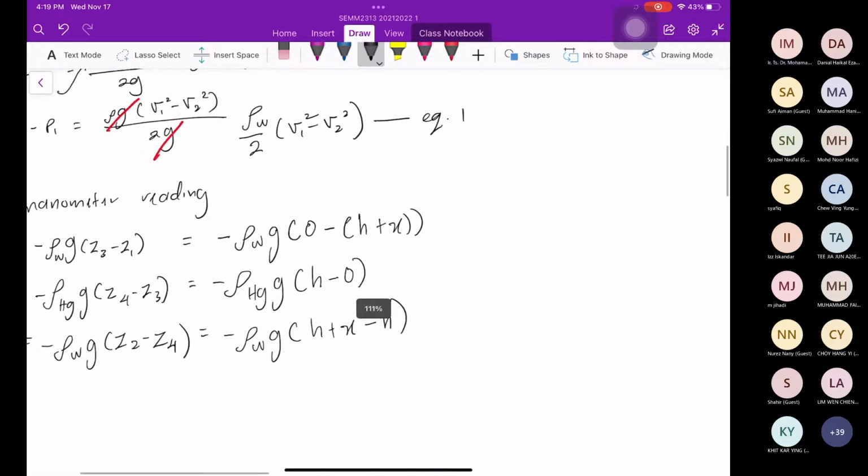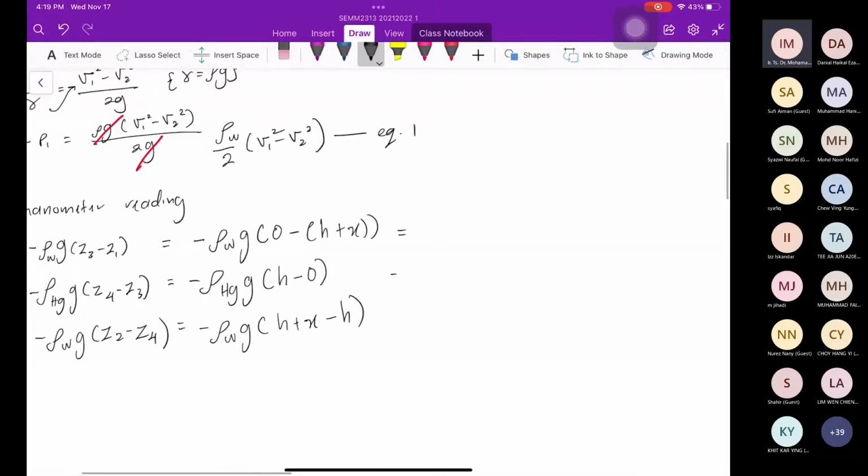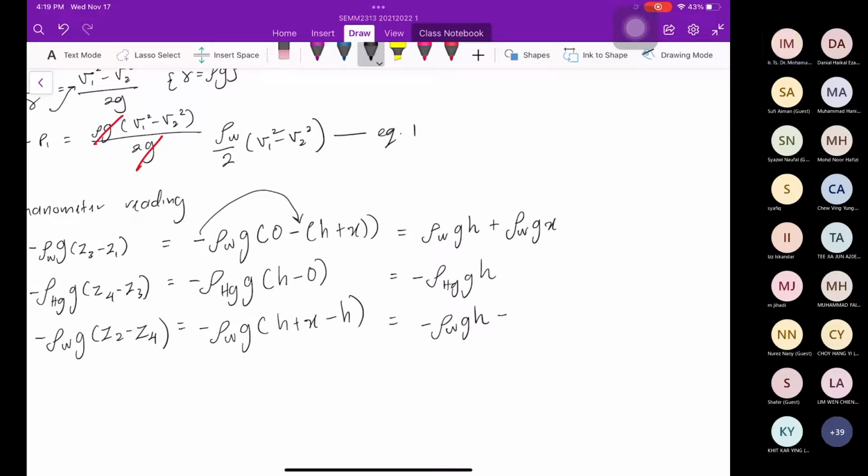Okay. So can we simplify further? We can get, negative cancel. We get rho water gravity H plus rho water gravity X, negative rho mercury gravity H, negative rho water gravity H minus rho water gravity.